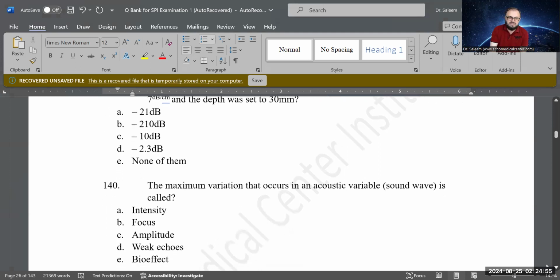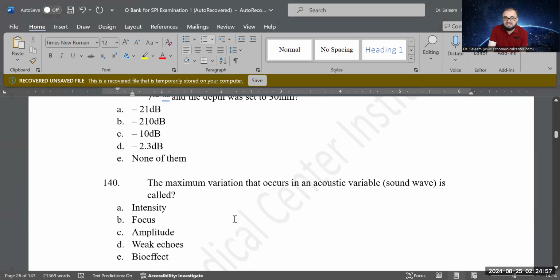The last question is asking: the maximum variation that occurs in an acoustic variable or sound wave is called which of the following? The question is giving you a definition, so which of the following options does this definition suit?